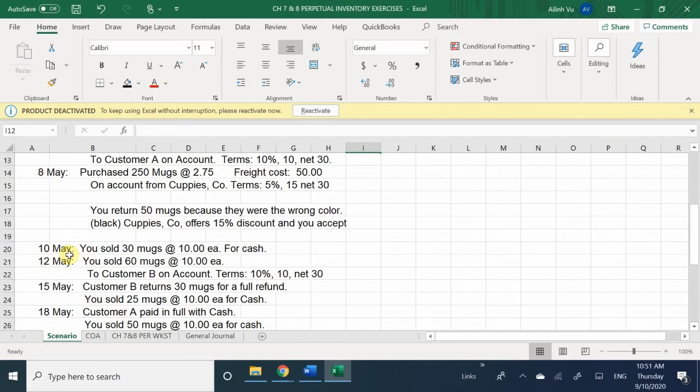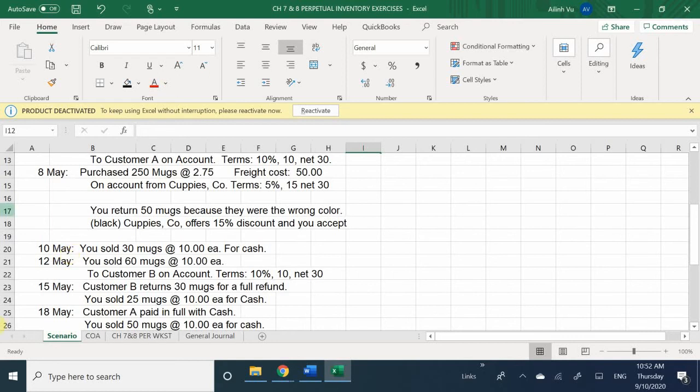Returned 50 mugs because they were the wrong color and got a 50% discount. Good. So we are attempting to do a purchase returns and allowances. But with this one, remember everything goes into inventory, so everything has to be taken out of inventory. So in this case, we're not really returning anything, but what are we receiving from the vendor? We get a 15% discount.